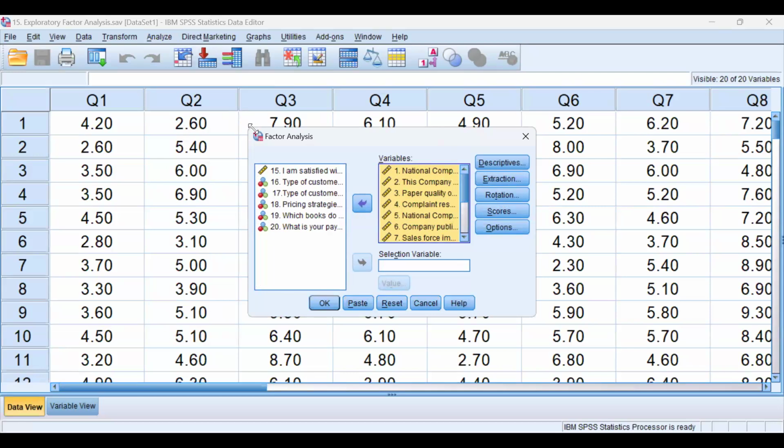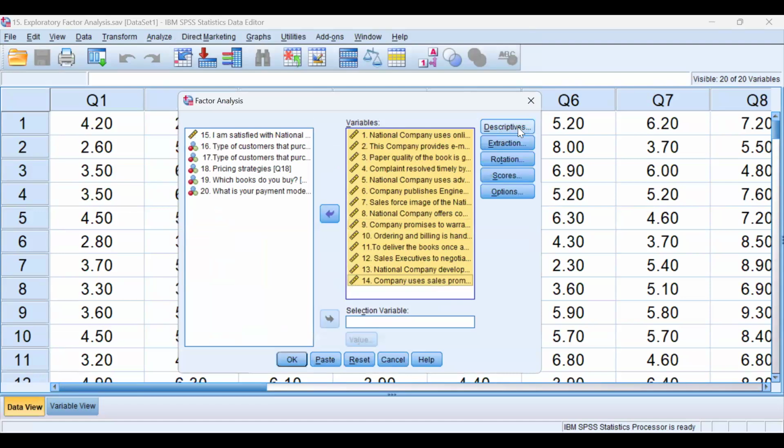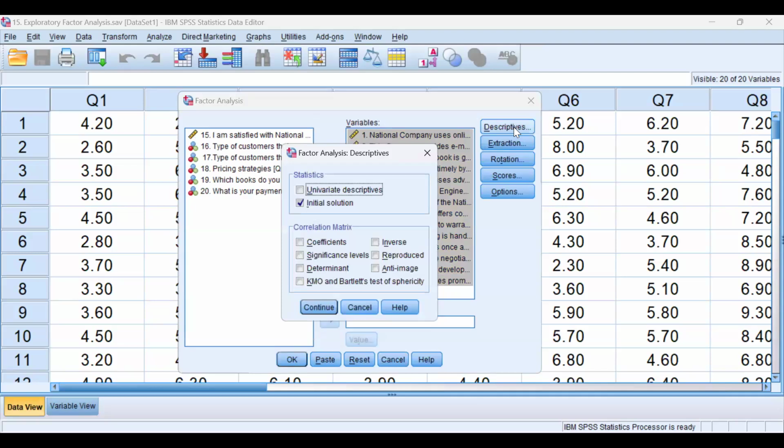Then press this button, descriptive. When you press descriptive, select the option univariate.